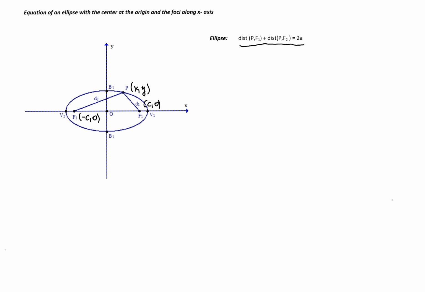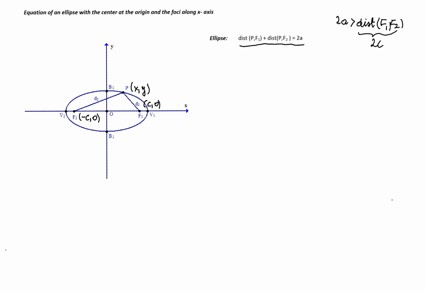to a. Before we go to that, let's recall that a was such a positive number that 2a was greater than the distance between the foci. And since we are in a coordinate plane now, the distance between foci is 2c.